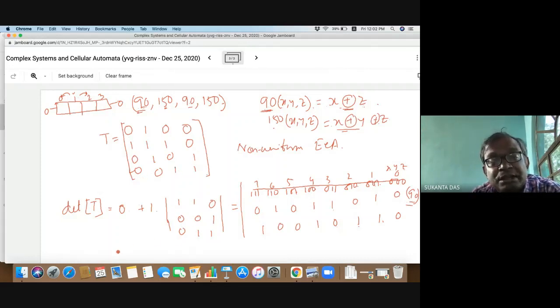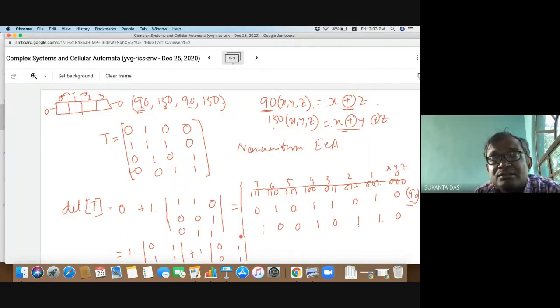I'm just showing you, but you all know how to find a determinant. So the 2x2 minor 0 1, 1 1, plus here again 1 times the minor 0 1, 0 1.